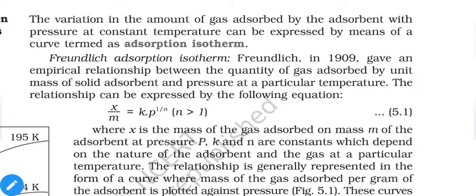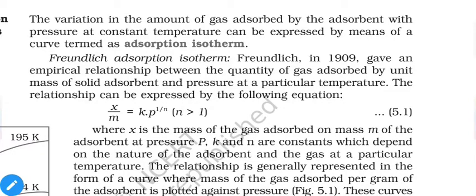First is the Freundlich adsorption isotherm. Freundlich in 1909 gave an empirical relationship between the quantity of gas adsorbed by unit mass of solid adsorbent and pressure at a particular temperature. The relationship can be expressed by the following equation: x upon m is equal to k into p raised to 1 by n, where n is greater than 1.